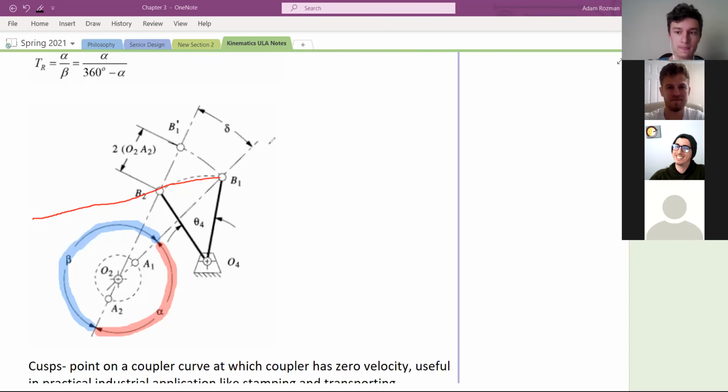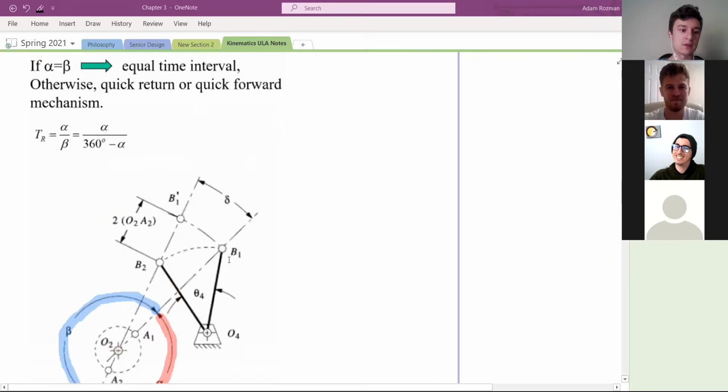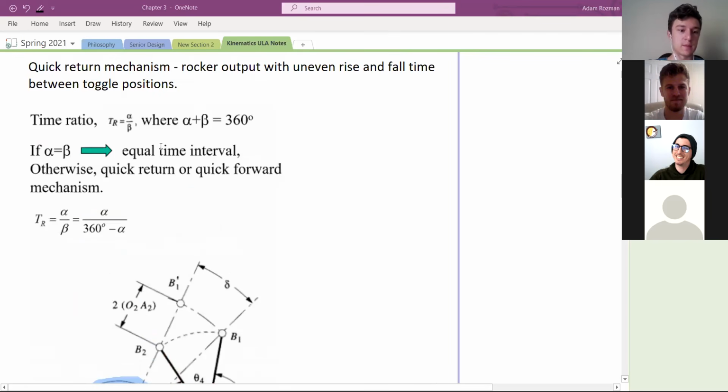If you finish these lines, you'll have your alpha angle and your beta angle. Because they're different, it's going to change the timing. If it goes out straight like that, then alpha and beta will be the same, and you won't have a quick return mechanism. Equal time interval.